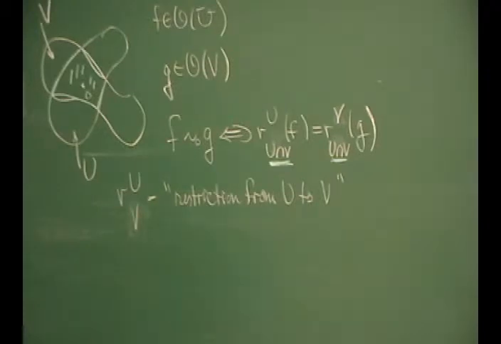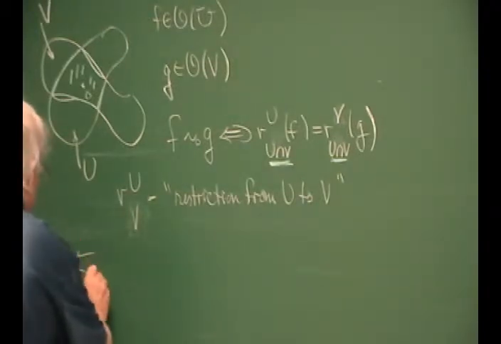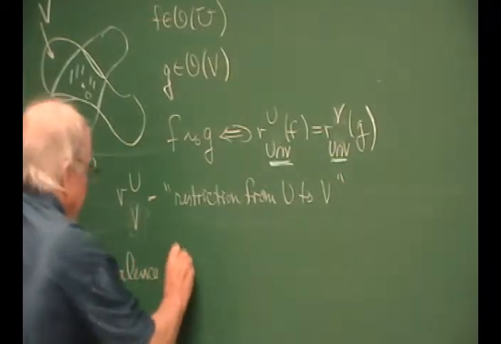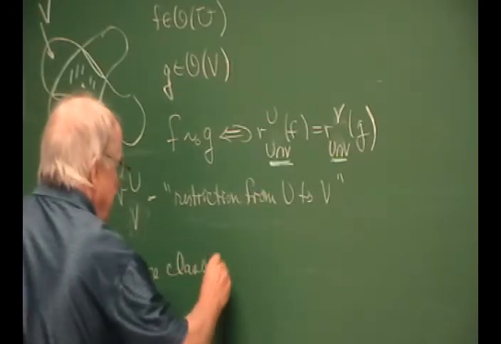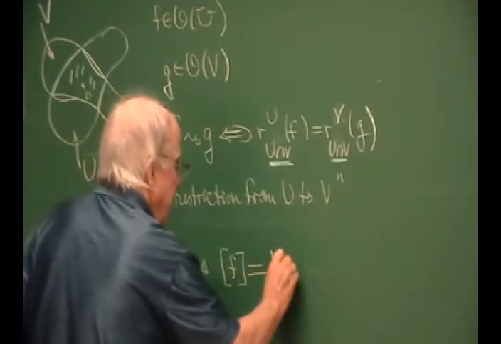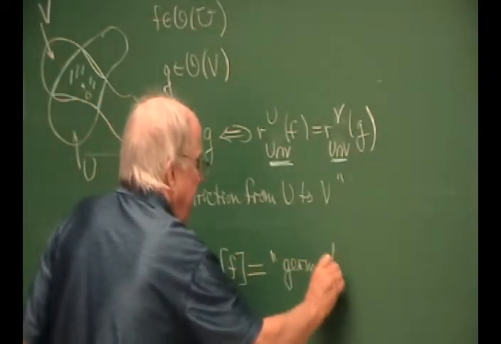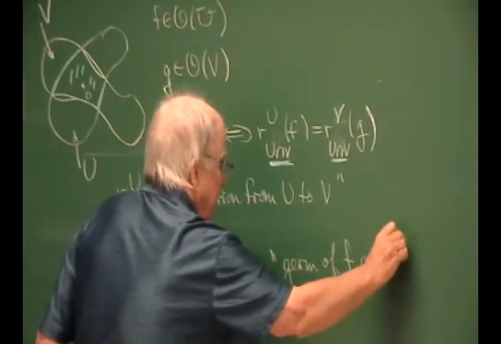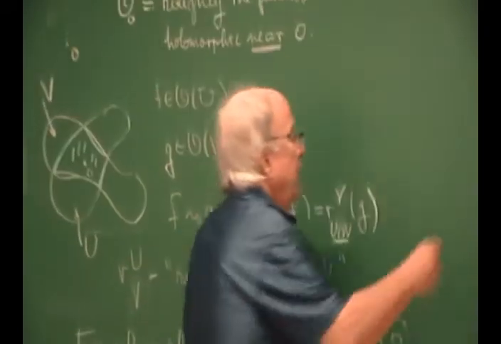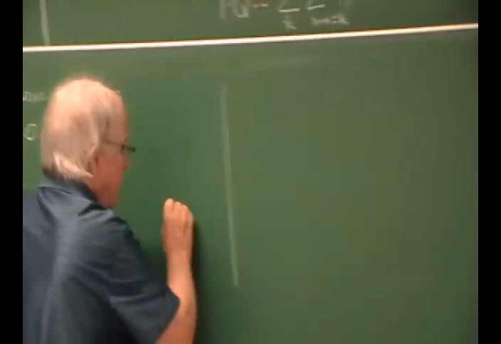And an equivalence class of this equivalence relation, so the equivalence class of F, say, is called the germ of F at 0. So germ in the sense that it's very small, because you don't know where it's defined. For holomorphic things it's not so dramatic, but for example, take something C infinity.